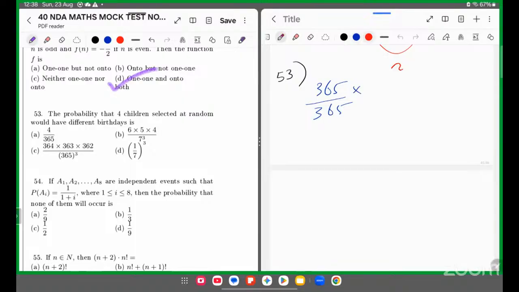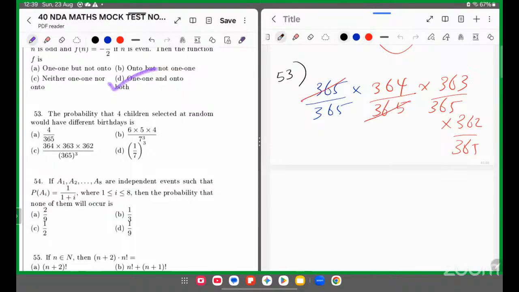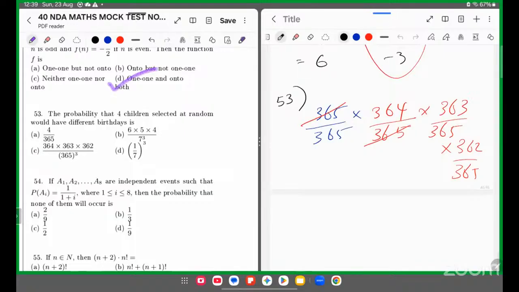Second child, remaining 364 out of 365. Then third child, 363 out of 365. Then fourth child, 362 out of 365. Because non-repeating days should be there. So 365 cancels, so 364 into 363 into 362 divided by 365 the whole cube. Option C will be the correct answer.